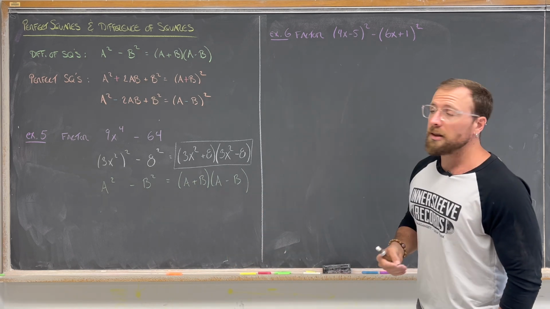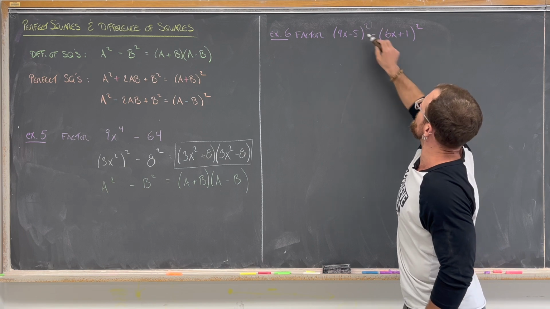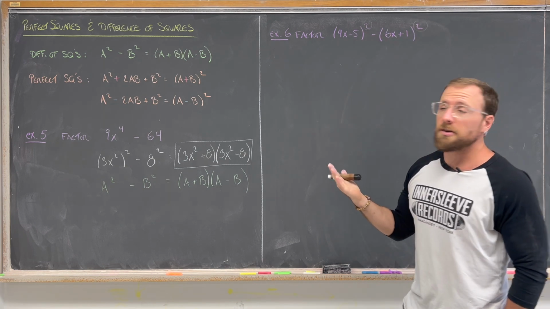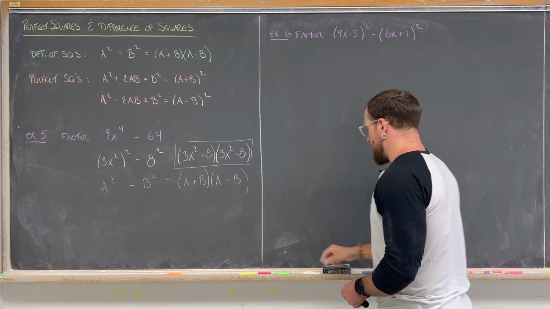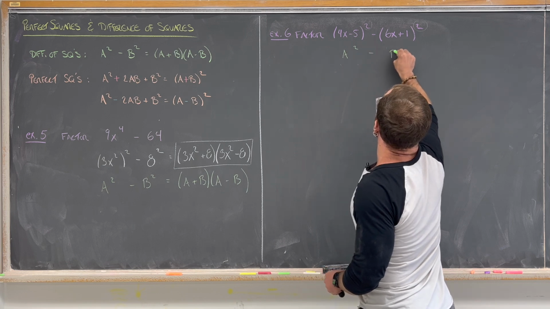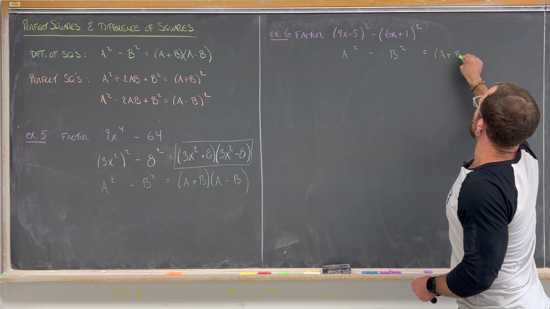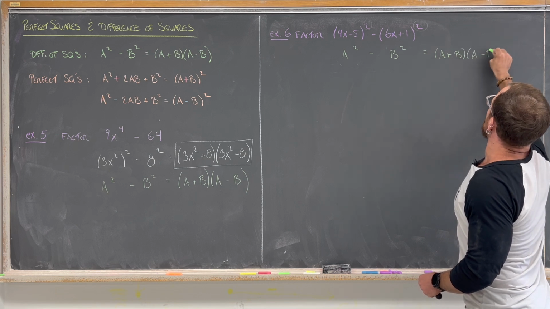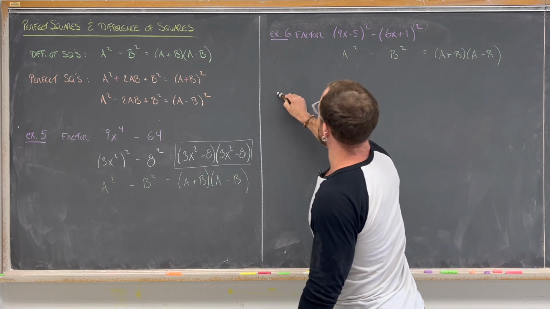What about this one? Well, it's also a difference of perfect squares, and maybe it's a little bit more obvious because we're just seeing exactly this is a perfect square minus a perfect square. So it's going to follow that same pattern of a squared minus b squared equals a plus b times a minus b. Okay? So let's just see, what is this equal to?